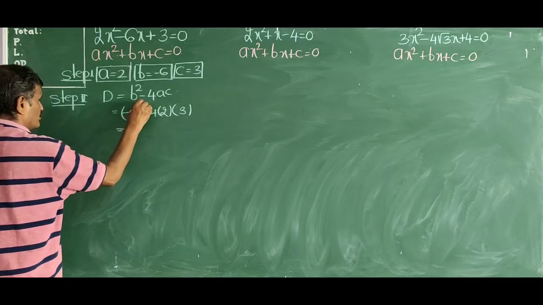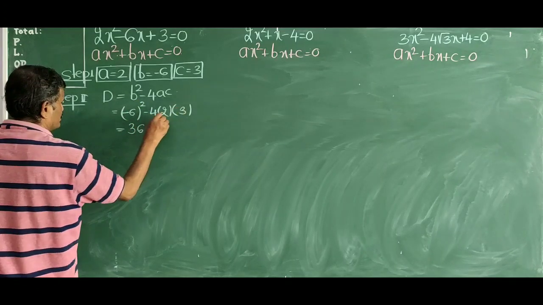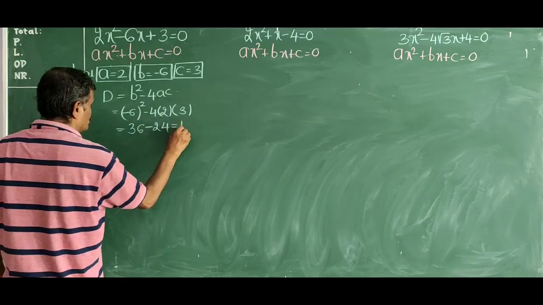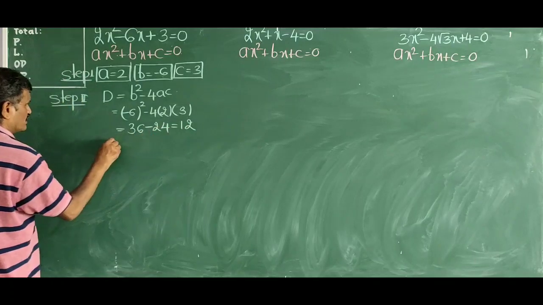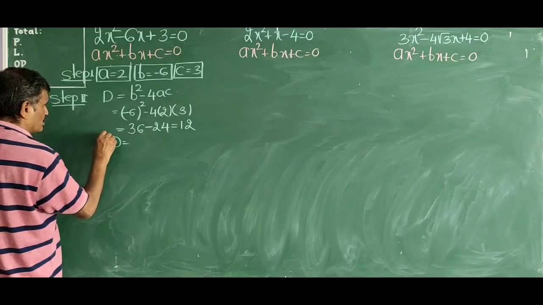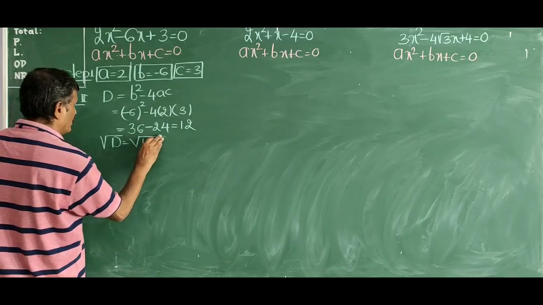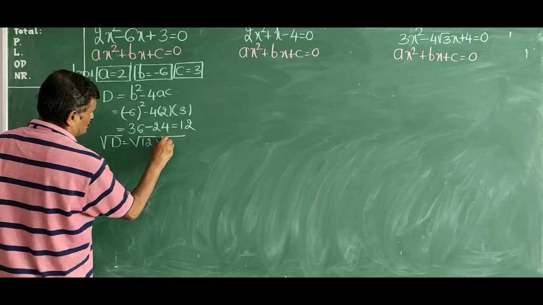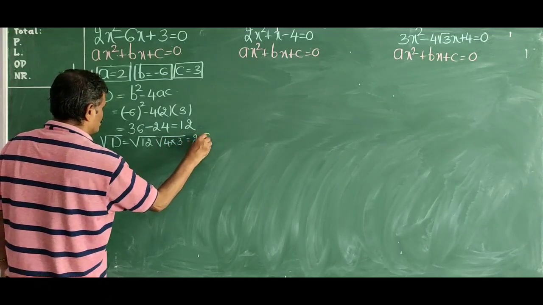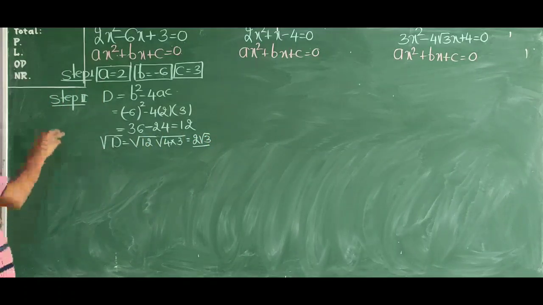So 6 square is 36, 4 2s are 8, 8 3s are 24. That means this is equal to 12, and that means D is equal to 12. I want root D. Root D is equal to square root of 12, and square root of 12 means what? 4 into 3. 4 into 3 means how much? 2 root 3. So this is the value of root D.